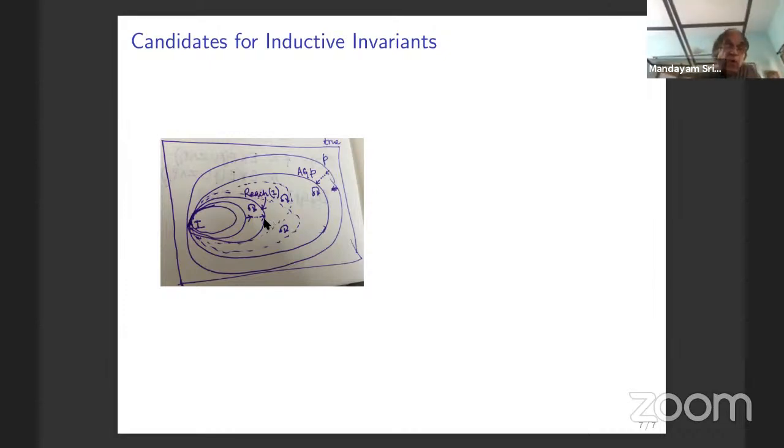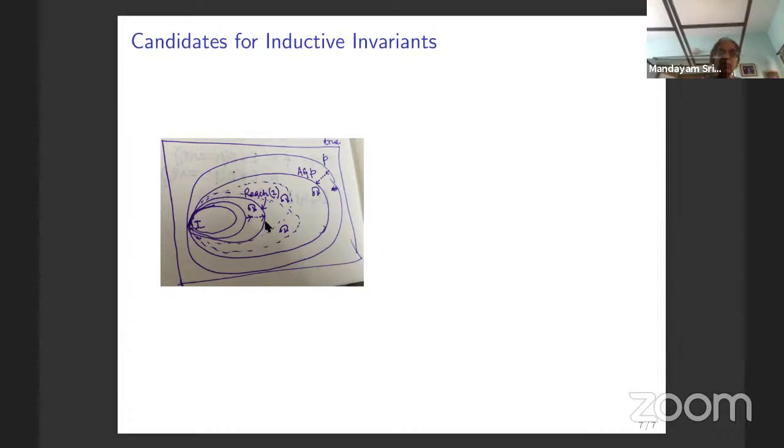Now, I made the point that the strongest inductive invariant for a Kripke model, for any given transition relation, is the set of reachable states from the initial state of the model.